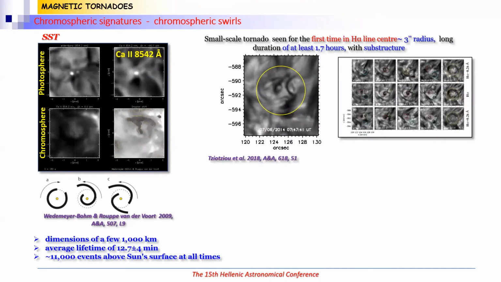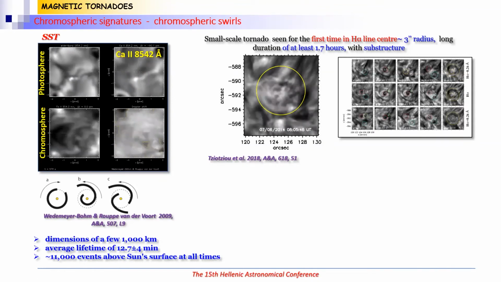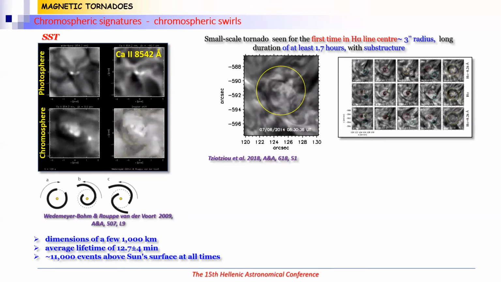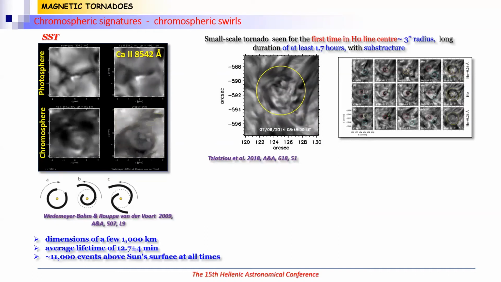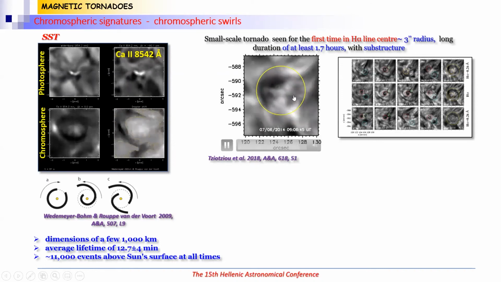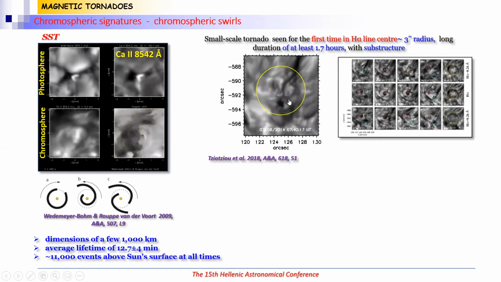Only lately, 3 years ago, the solar physics group here at NOA observed these magnetic tornadoes for the first time in the H-alpha line center. So what you see here is such a vortex flow that has a quite large radius of 3 arc seconds.